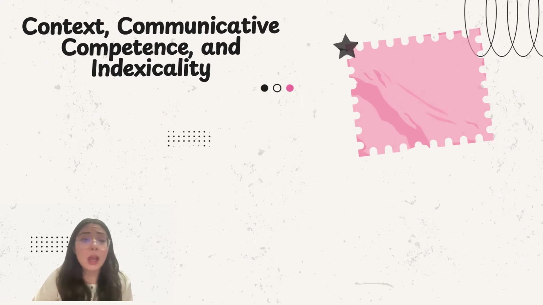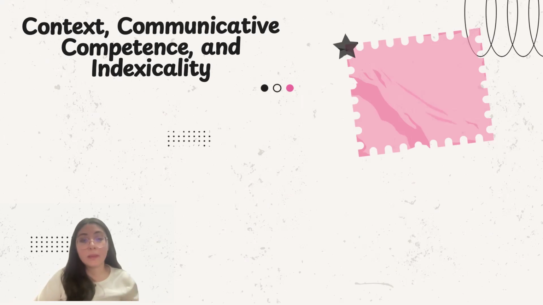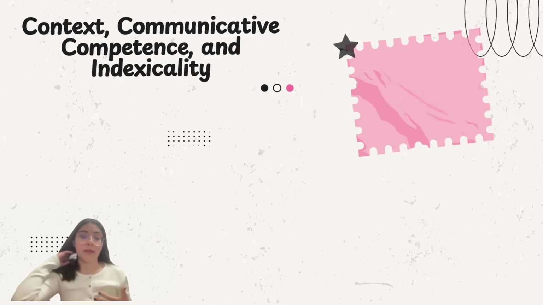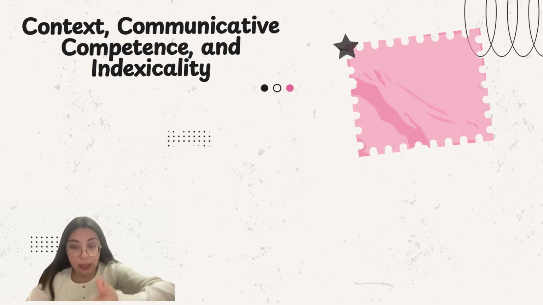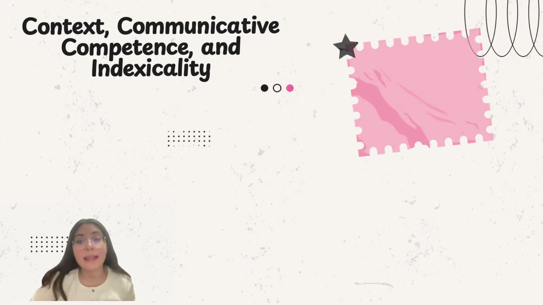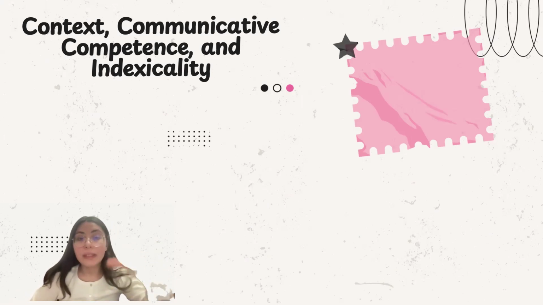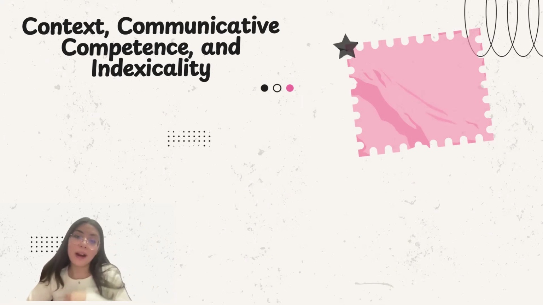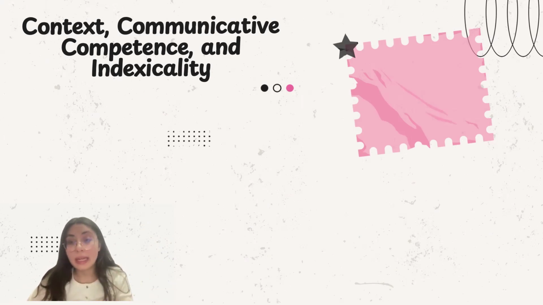These practices feel natural to speakers, but they're not universal at the same time. The idea of indexicality explains how cues and combinations point to particular identities or meanings in different social worlds.